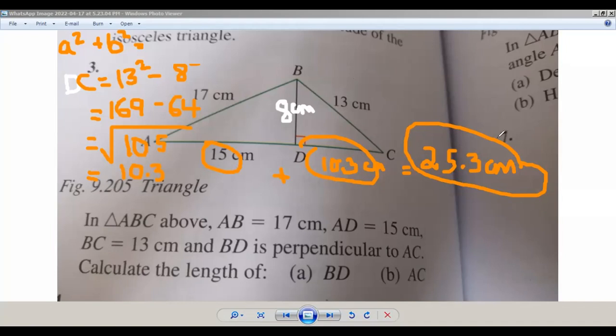But before I move on, one point: remember, Pythagoras only works with right angle triangles. Pythagoras only finds unknown sides when two sides are given. Very, very important thing to remember.